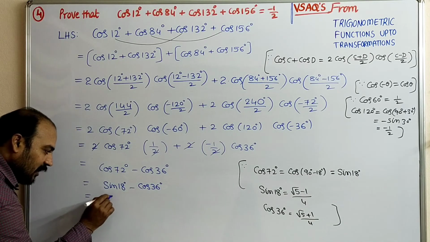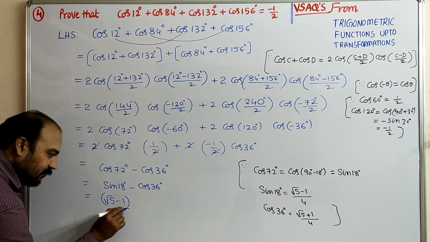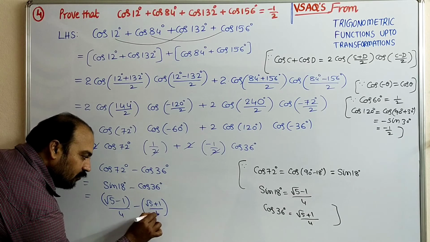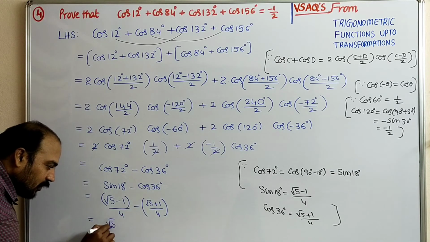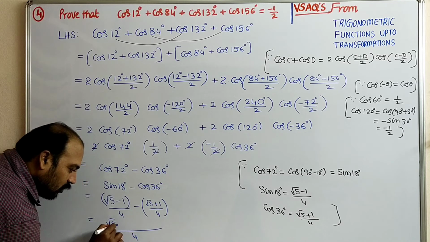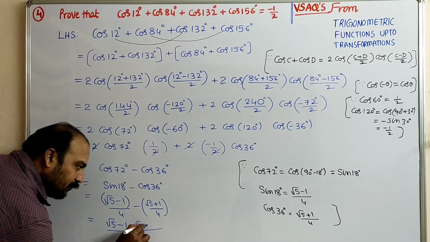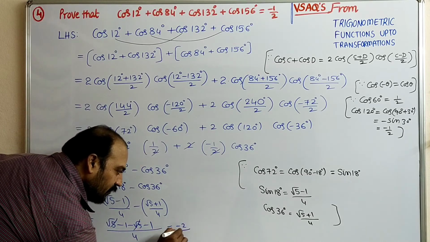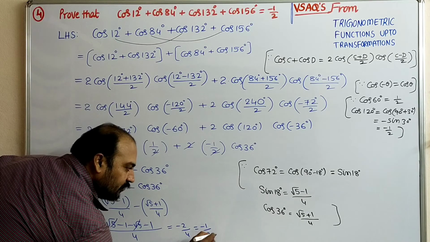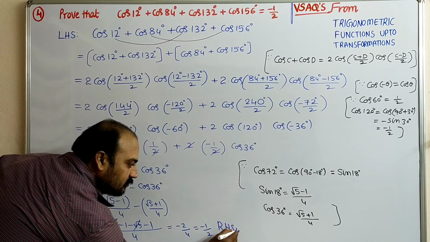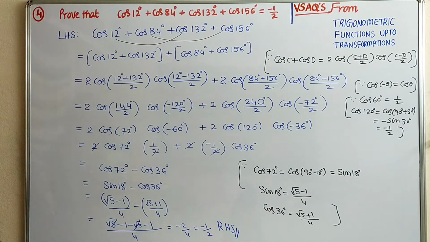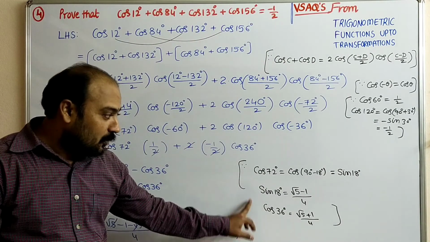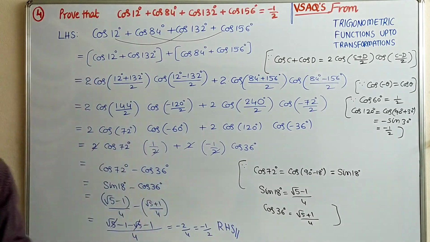So sin 18 value is root 5 minus 1 divided by 4 minus root 5 plus 1 divided by 4, which is equal to, LCM is 4, root 5 minus 1 minus root 5 minus 1, root 5 minus root 5 gets cancelled, minus 2 by 4, which is equal to minus 1 by 2, RHS. They are asking to prove this result is equal to minus 1 by 2. Hence we got it. You have to remember these important properties, formulas.